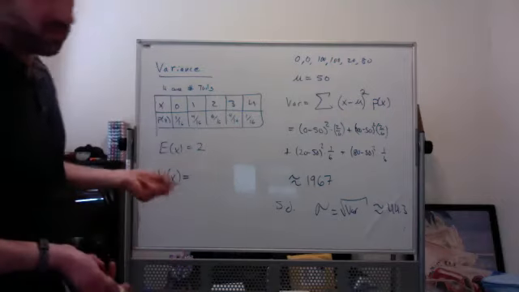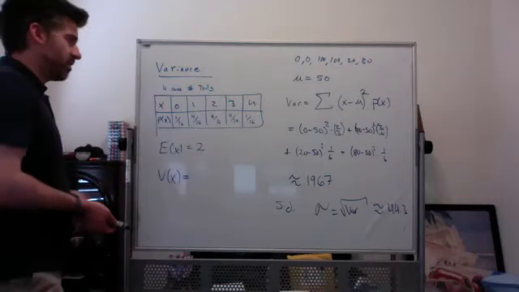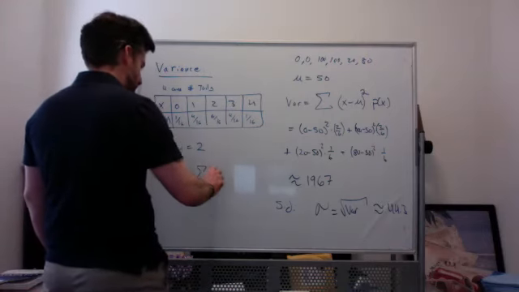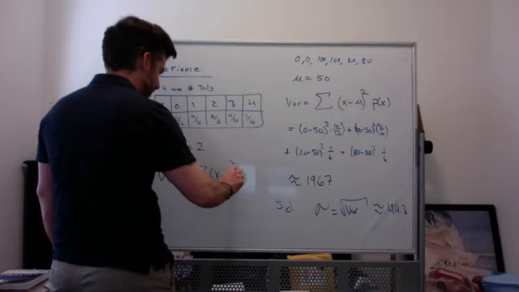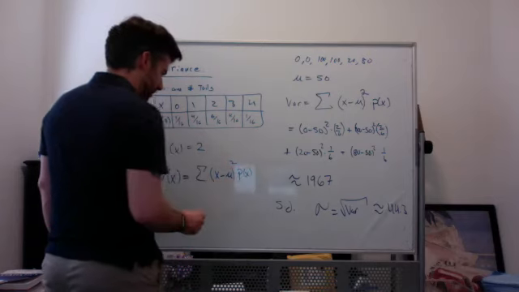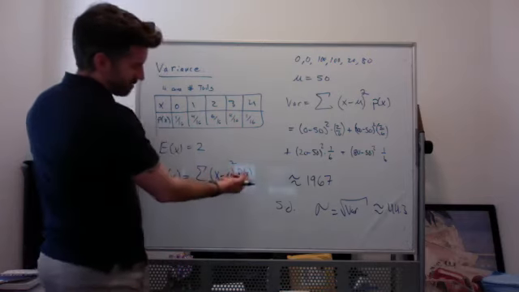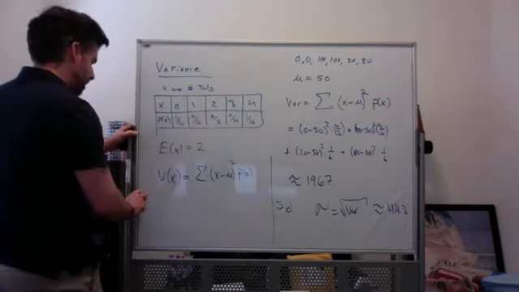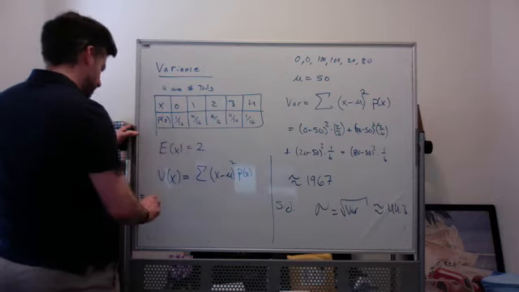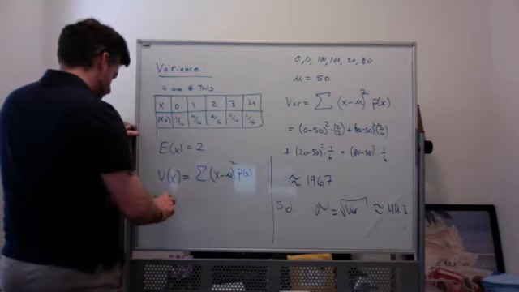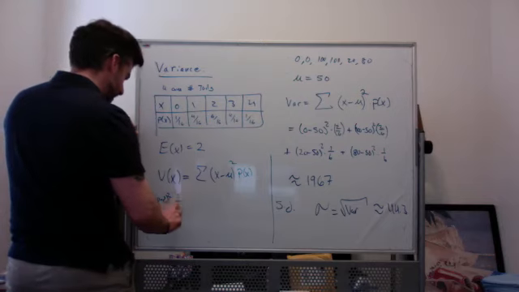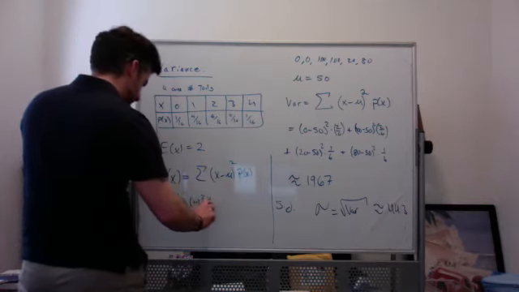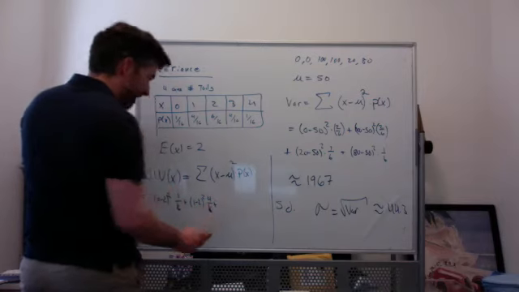So it seems reasonable. Here, the way we calculate the variance is the same. It's the sum of x minus the mean, squared, times the probability of that happening. Or really, I'm saying the number of times it happens. So here it's going to be 0 minus 2 squared times 1/16, plus 1 minus 2 squared times 4/16, plus, I don't even really need to write the next term.